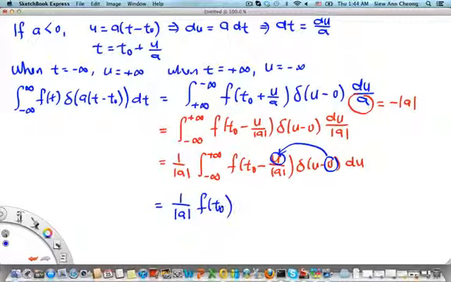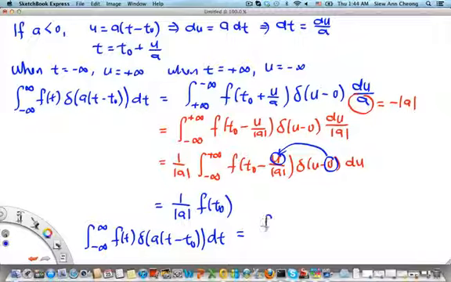So we can combine the results for the case of a greater than 0 and a less than 0 such that the integral from minus infinity to infinity of f of t delta(a times (t minus t naught)) dt is equal to f of t naught divided by the absolute value of a.